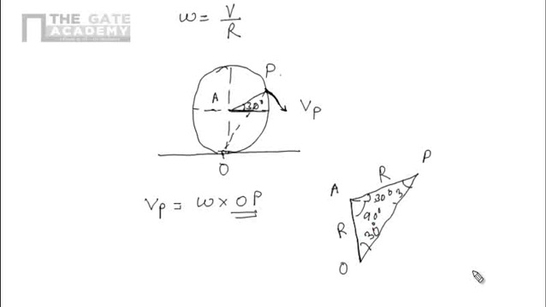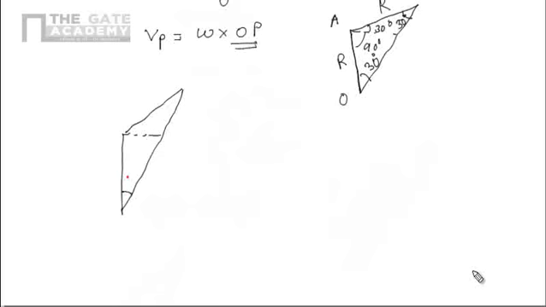Now I will again draw the diagram here. This is 30, this is also 30. Here point A, here point B, here point A. That is for our understanding.